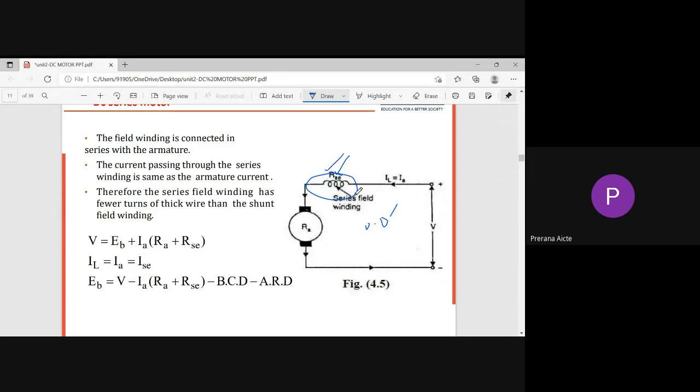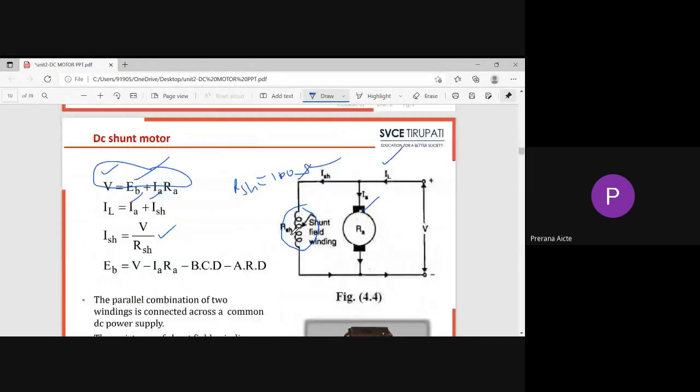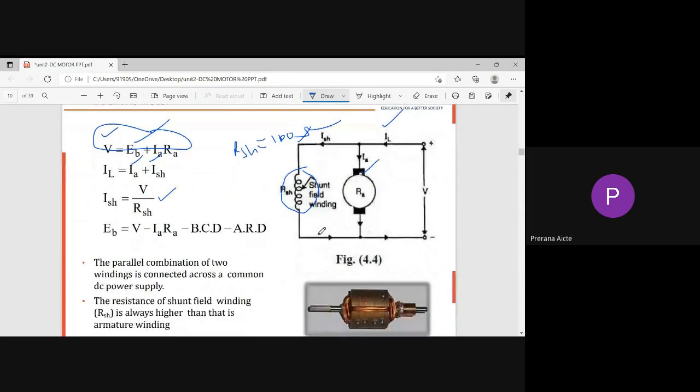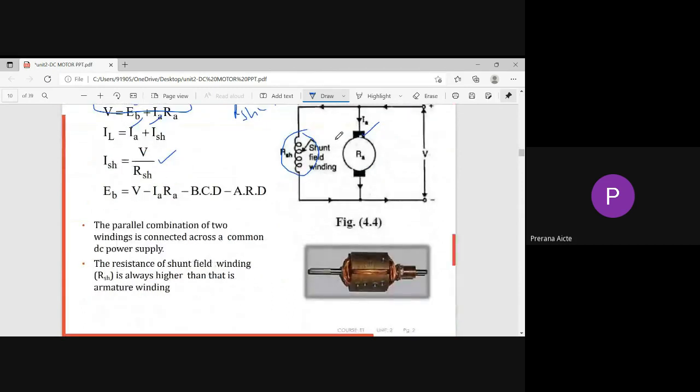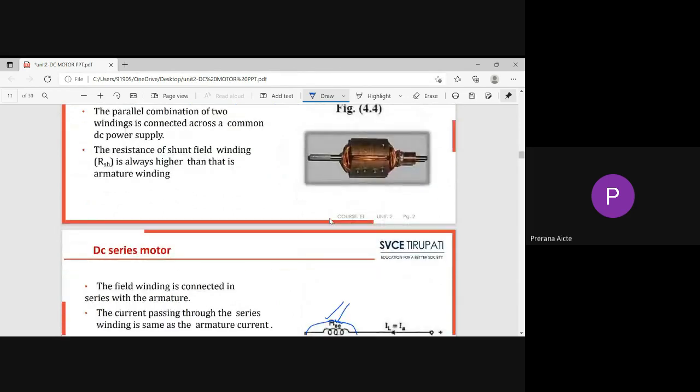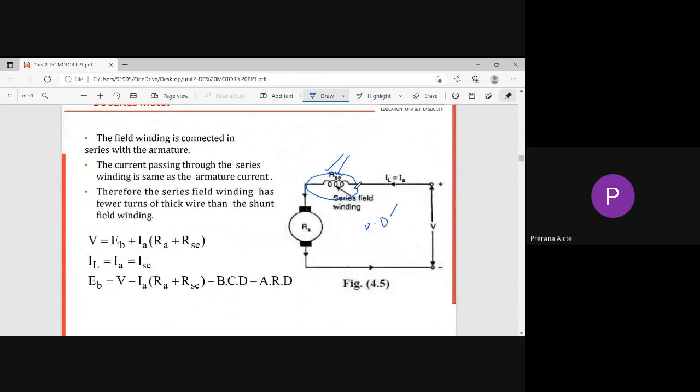In a shunt motor, the shunt field resistance is more and the supply voltage is 220 volts, so the shunt field current is very small. The winding is therefore designed with more turns of thin wire, whereas the series winding has fewer turns of thick wire to carry the armature current. This is the basic difference.